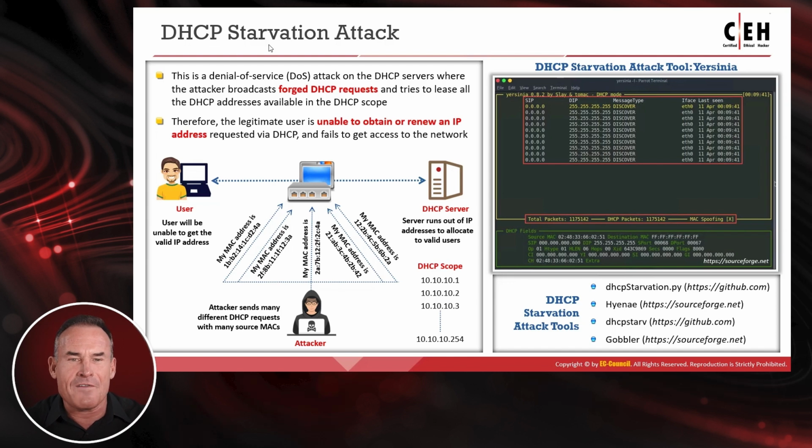The DHCP starvation attack is where I consume the DHCP server scope by sending out multiple DHCP discover requests from different MAC addresses. Now, the normal DHCP lease negotiation is a four-step process and it's broadcast-based: discover, offer, request, acknowledgement. When I send out discovers, it's a broadcast to all DHCP servers in range.